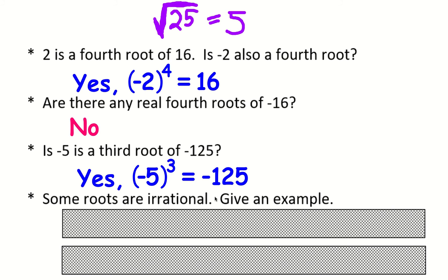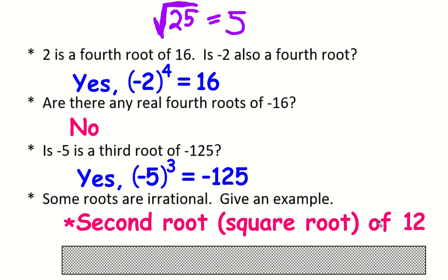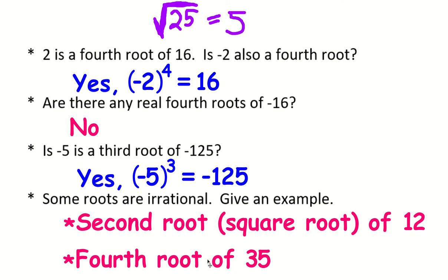Some roots are irrational. Well, you've known that for years, like the square root of 7, or the square root of 10, 11, 12, or 13. Or the 4th root of 35. I know you can do a really clean 4th root of 16, but not the 4th root of 35.